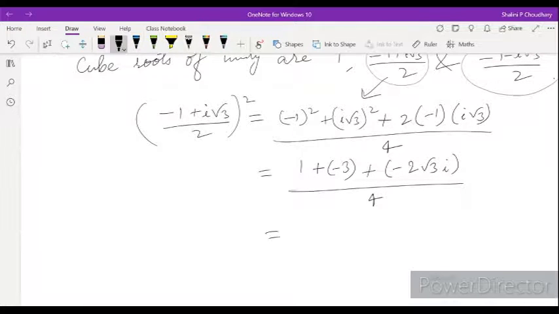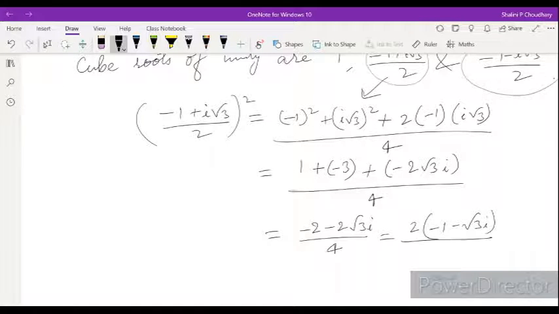Now it will be equal to 1 minus 3, which is minus 2, and here minus 2 root 3 i, divided by 4. Now we'll take 2 common and divide. So we get minus 1 minus root 3 i, divided by 2.